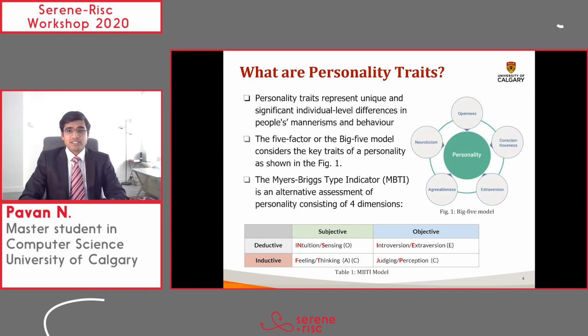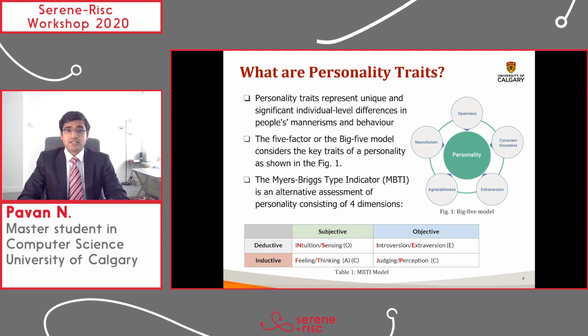Okay, so what are personality traits? To answer that question, we have to see what factors control a user's or a person's behavioral aspect, right? Psychological research has revealed that 5 different factors may be used to represent the different aspects of the personality of a given user or a person.